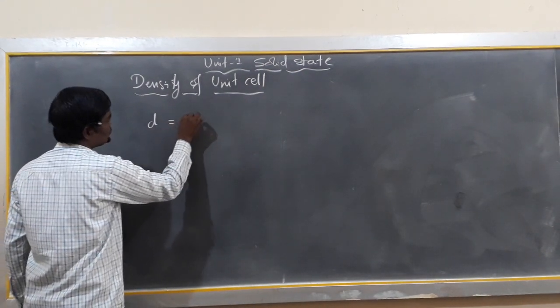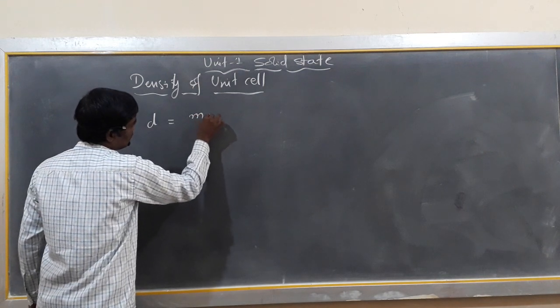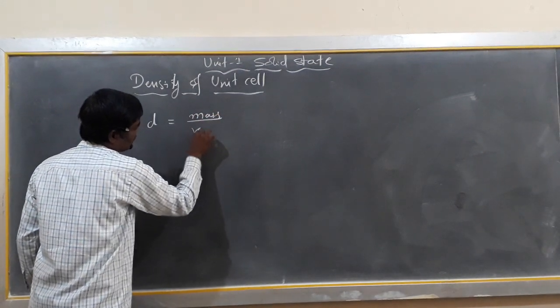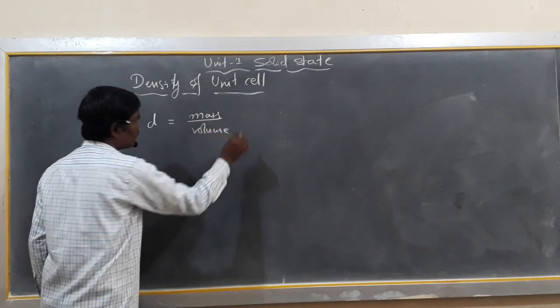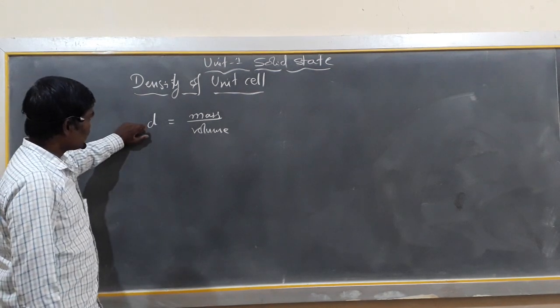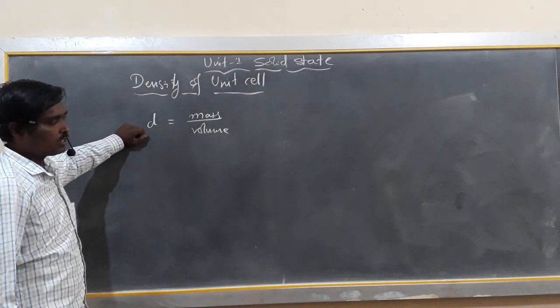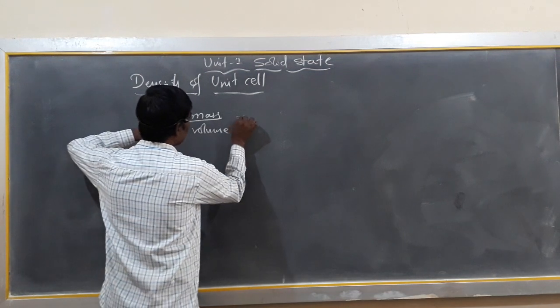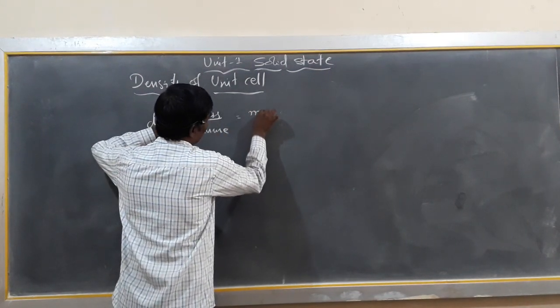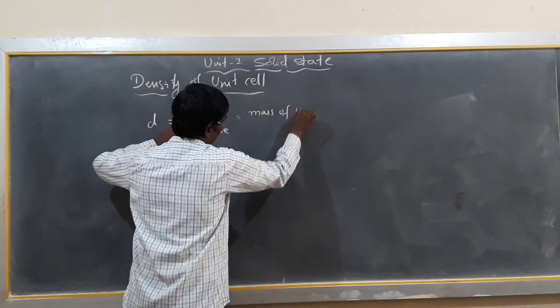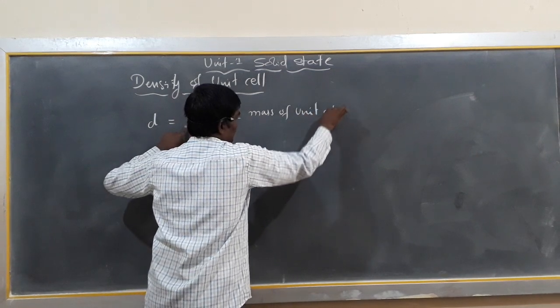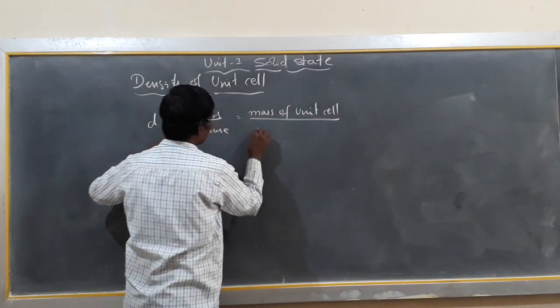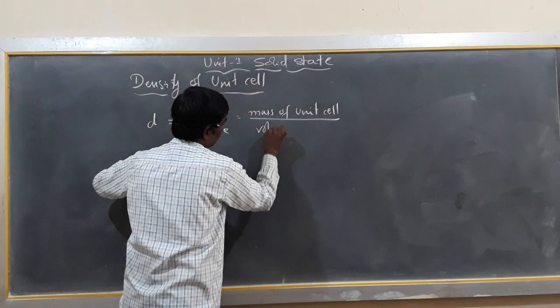So D is equal to mass by volume, which is the definition of density. Now we are calculating the density of the unit cell. Therefore, I can write this as mass of unit cell by the volume of unit cell.